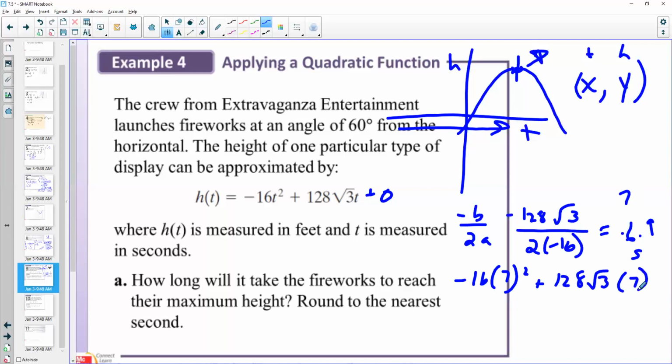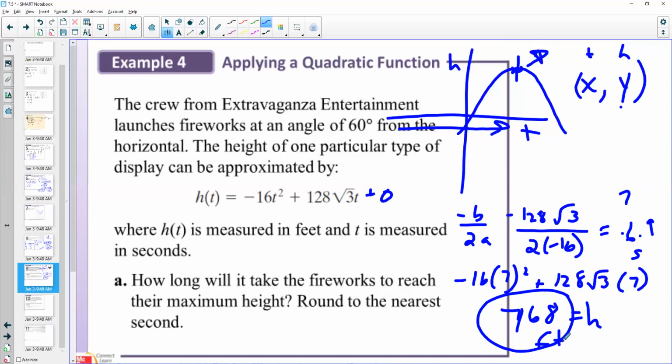Okay, so I didn't use 7, I used 6.9. So if I use 6.9, I get the value here as 768. So it should be in that neighborhood. That is your y coordinate. That's the height. So we're going to do that in, let's see, feet, right?